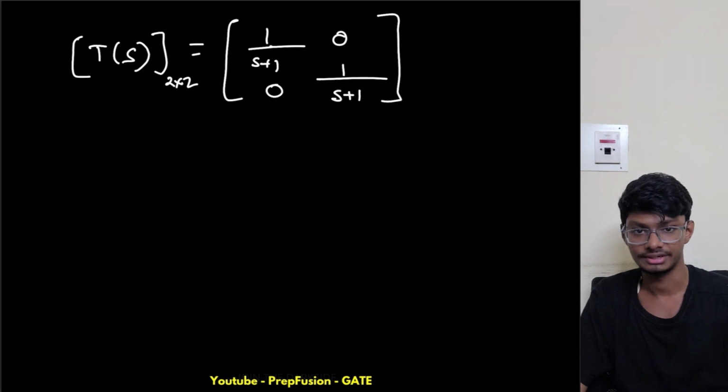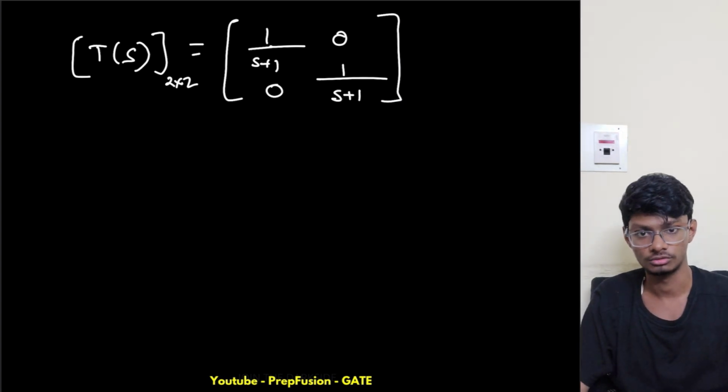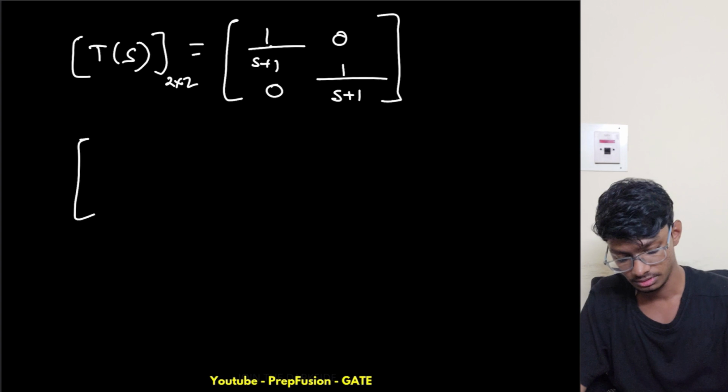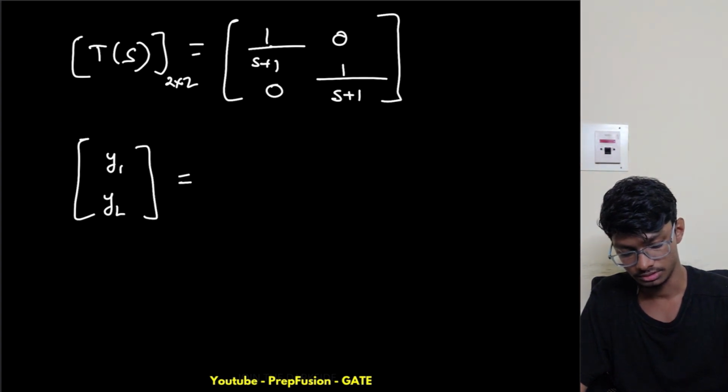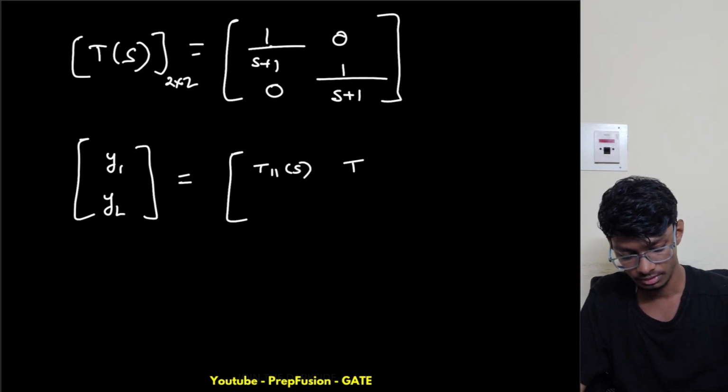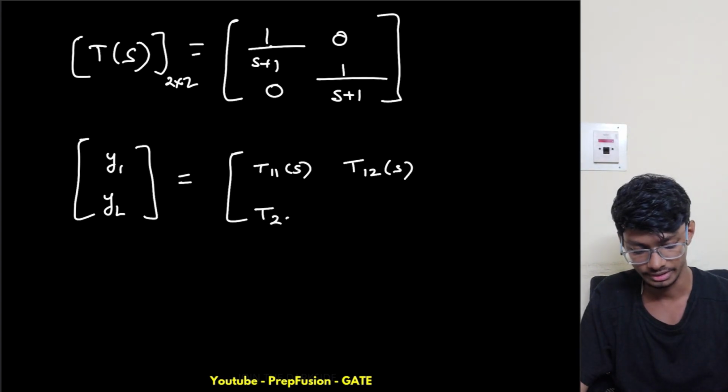So what I was mentioning, that t11 and t22, all those significance. So this is my, let's say, y1 and y2, and this is my t11 of s, t12 of s, t21 of s, t22 of s, and this is u1 and u2. I think I have done this already, but to refresh your mind.